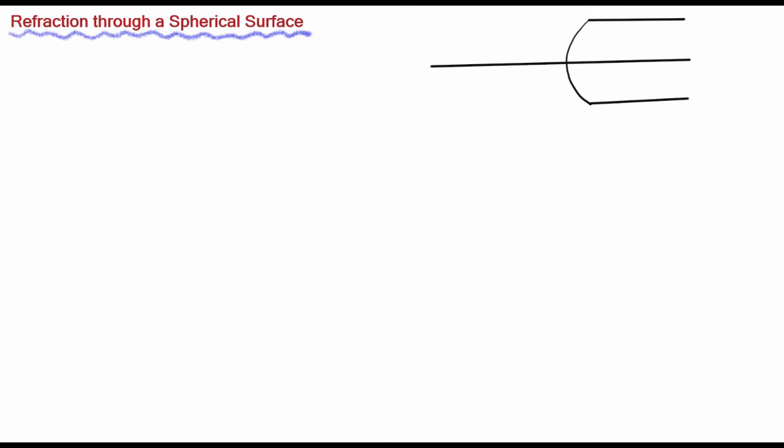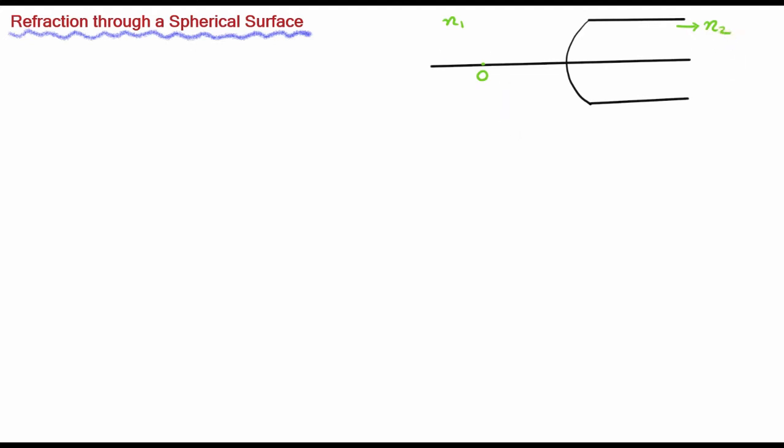Now I am going to place one object here, represented by O. This object is placed in a medium of refractive index n1, and this spherical surface is made of a material of refractive index n2.